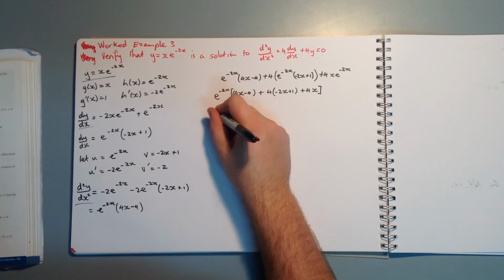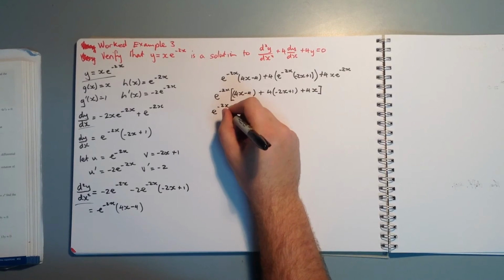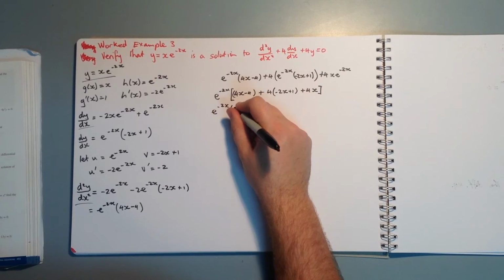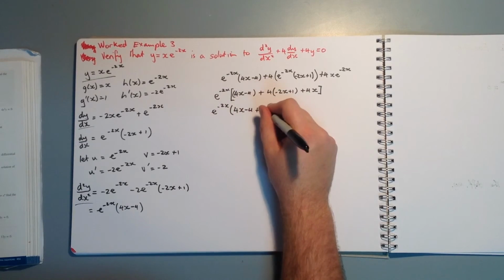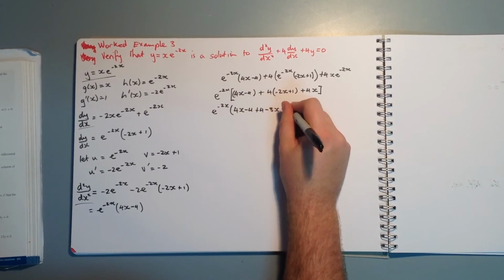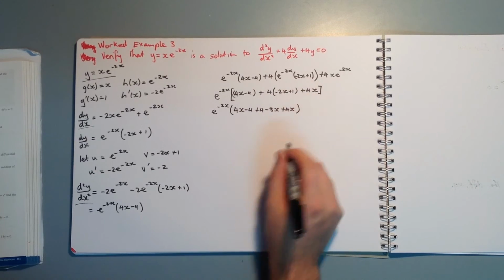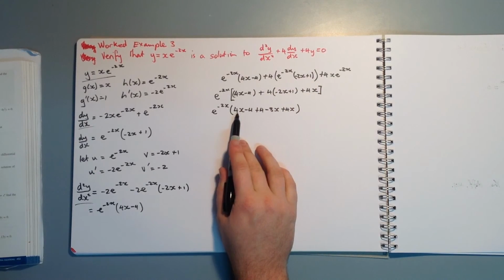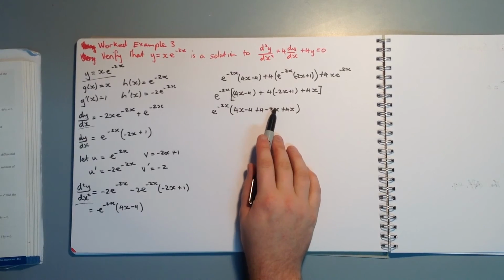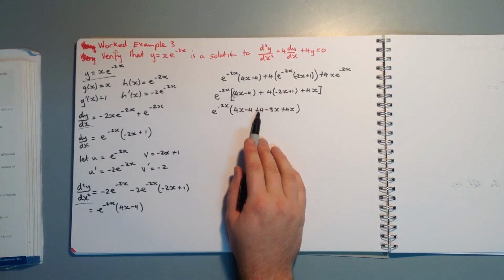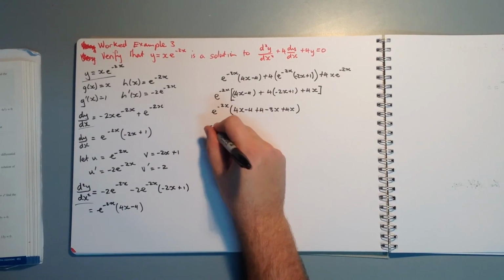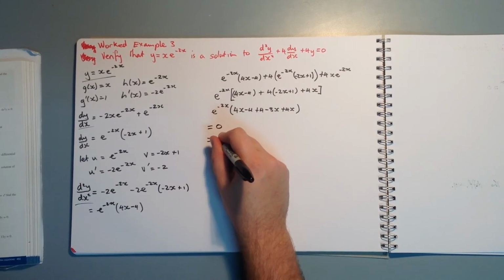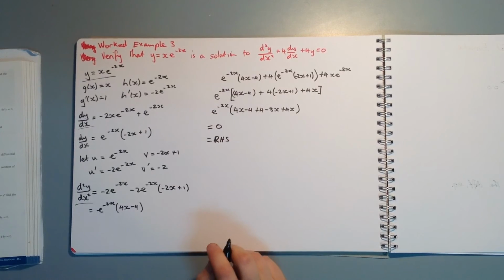Which means we get e to the negative 2x outside of 4x minus 4 plus 4 minus 8x plus 4x. You can see that actually all cancels out. Our 4x and our 4x gives us 8x, minus 8x is 0. Minus 4 plus 4 is 0, so this entire bracket equals 0. 0 times our e to the negative 2x equals 0, which equals our right hand side. And so we're finished with that worked example.